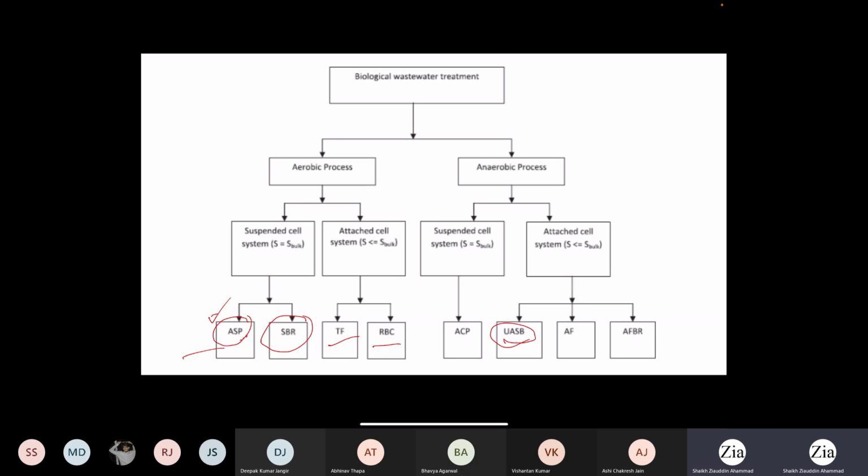And for anaerobic treatment, UASB is another reactor which is commonly used for treatment of different kinds of wastewater in industries. So for aerobic, we use suspended cell system. That is one of the common designs. Whereas for anaerobic, the most common design is attached cell system, and that is upflow anaerobic sludge blanket or UASB.